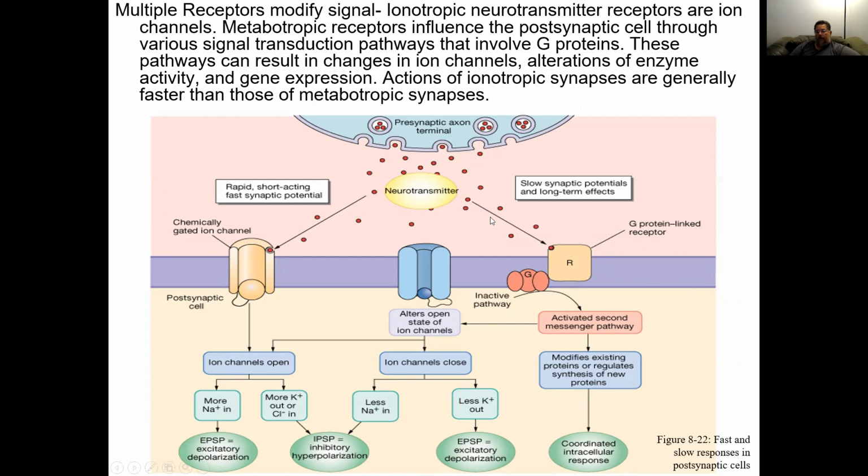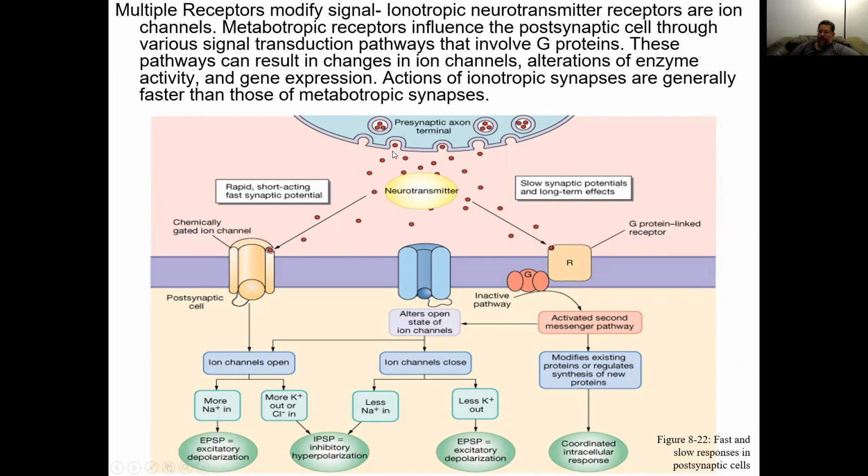Now, often they can be linked with an ion channel as well. And if so, it can either excite or inhibit again. So let's talk about that. Let's go back to this chemically gated ion channel. Imagine a neurotransmitter like acetylcholine came in. If it opens, it's an ion channel, and if more sodium comes in, it's excitatory.